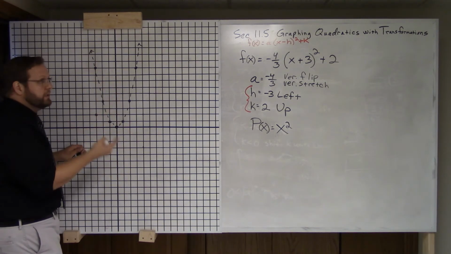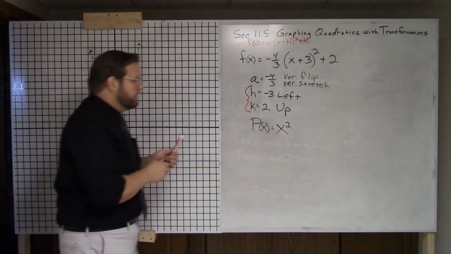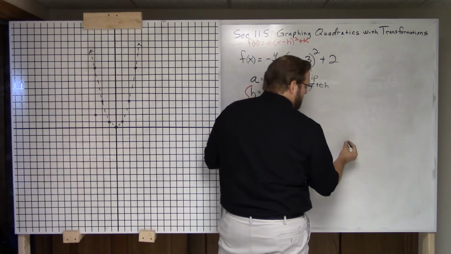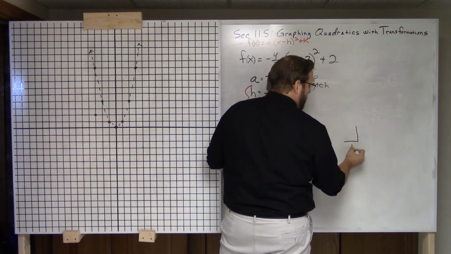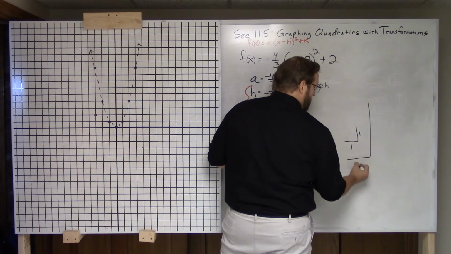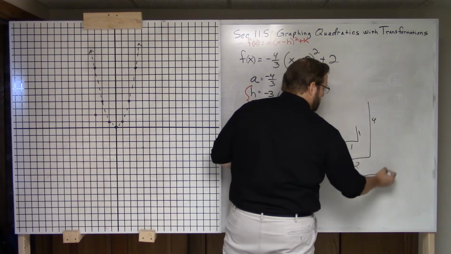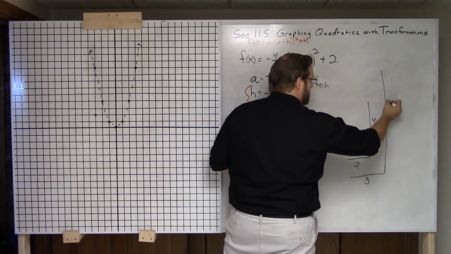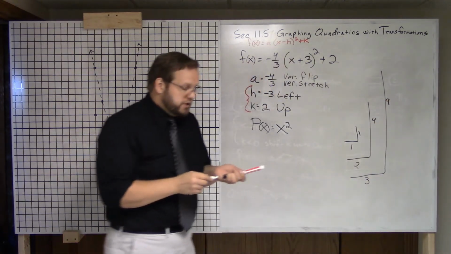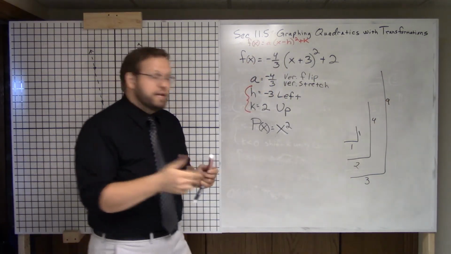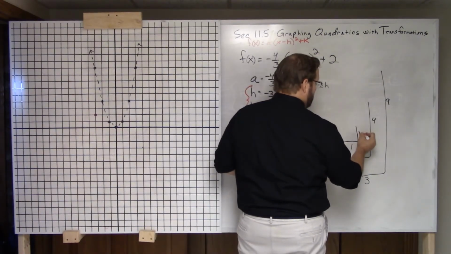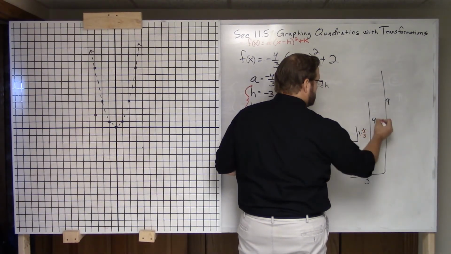The a value is negative 4/3. So this is where we again go back to our standard 1, 1, 2, 4, 3, 9. And just like before, we multiply by the a value. So we're multiplying by negative 4/3.